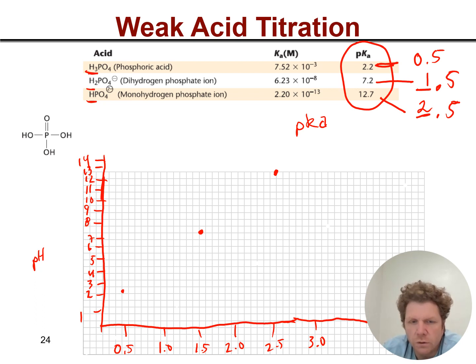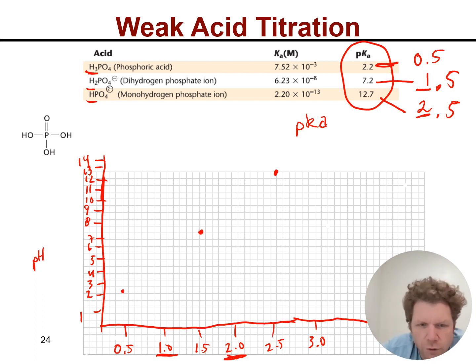So this first group is completely deprotonated whenever I've hit 1.0, or it's 100% deprotonated. The next group is going to be 100% deprotonated whenever I hit my next 100%, or 2.0. Then my next group is going to be deprotonated whenever I hit 3.0, which is my last 100%.